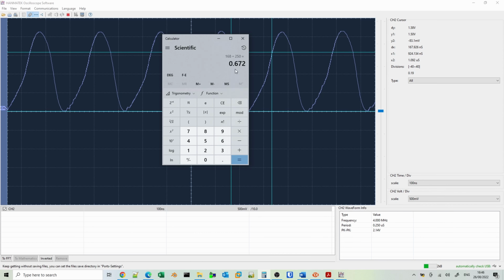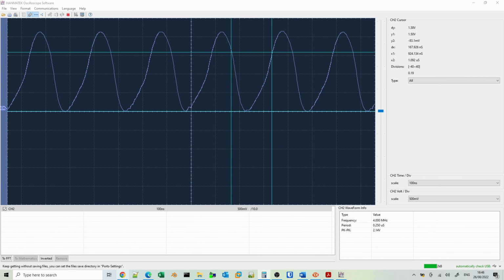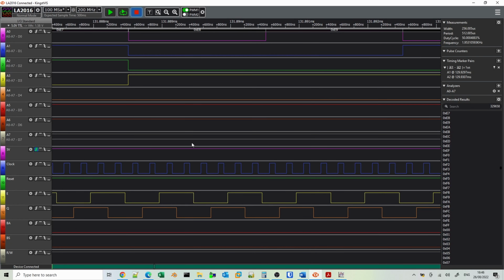Yeah, so we can see that accounts for 67%. So if you reverse that, then that is about 32, 33 duty cycle, which I think is what we saw in the clock here. Yeah, it's about 32%.